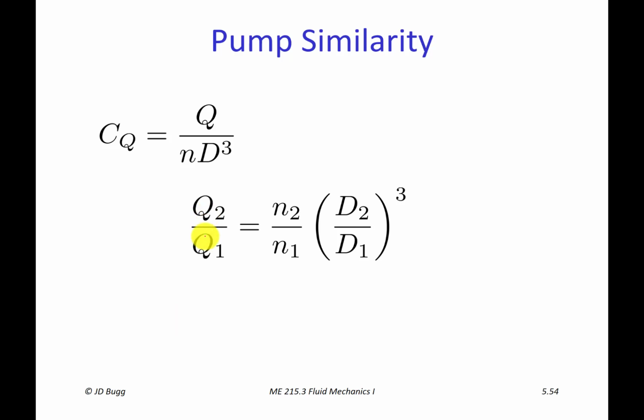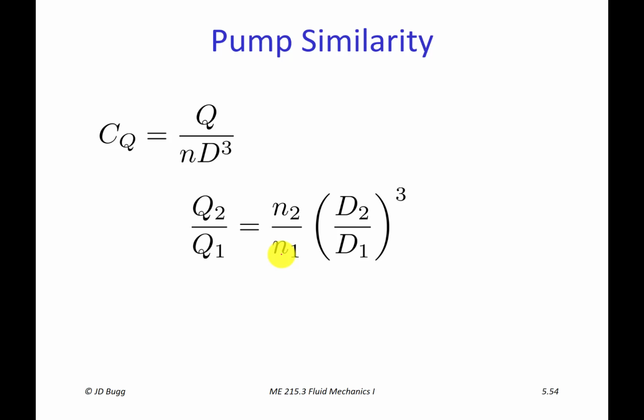So the ratio of flow rates that we would get out of these two pumps is equal to their ratio of speeds multiplied by their ratio of sizes, characterized by the diameter, cubed. So two geometrically similar pumps, different size than each other, so these D's could potentially be different, and running at a different speed than each other, so these speeds could potentially be different.